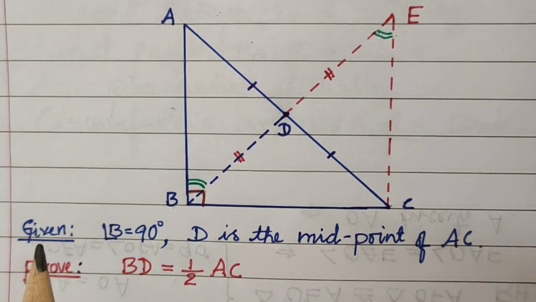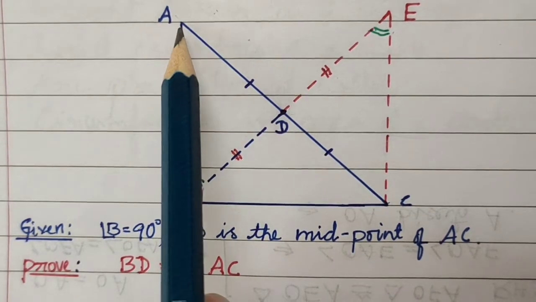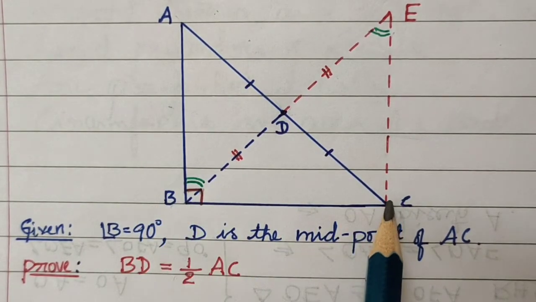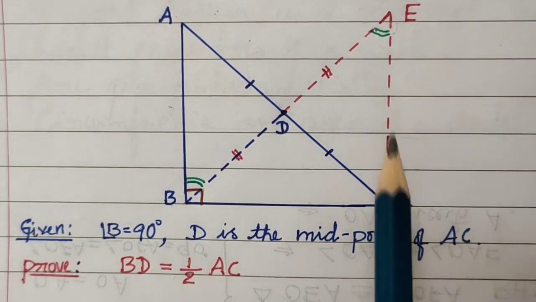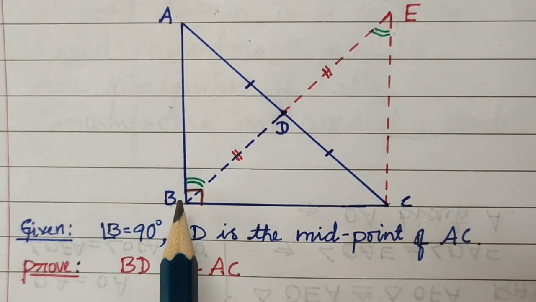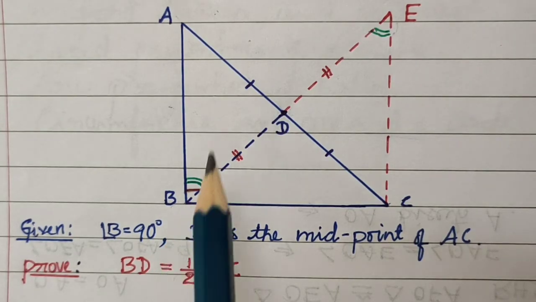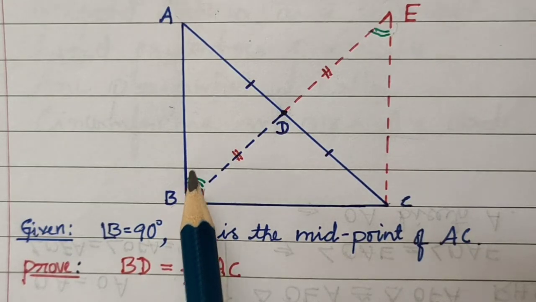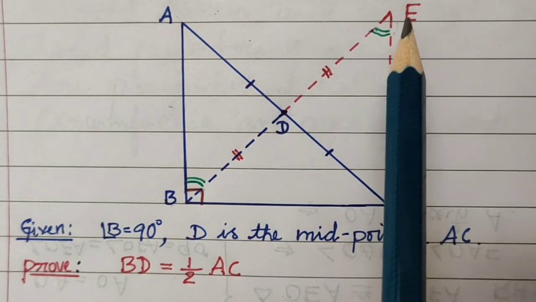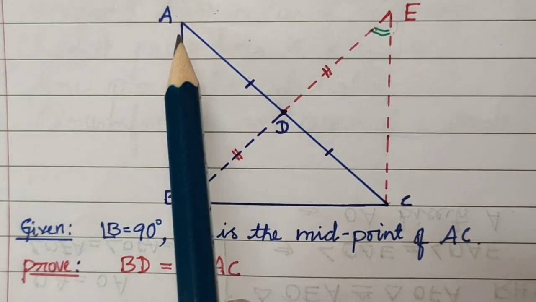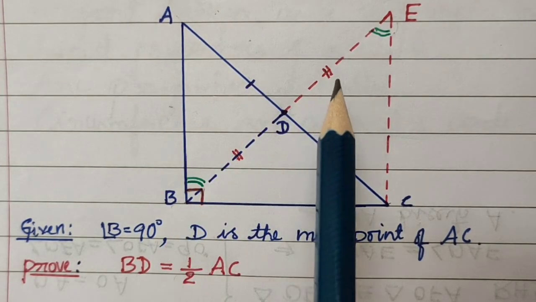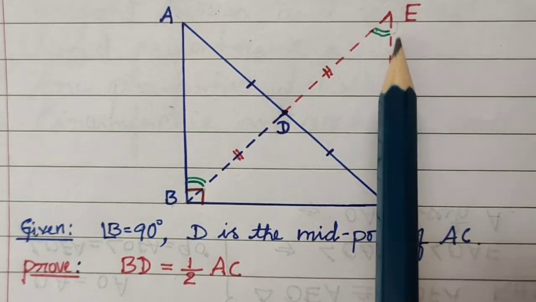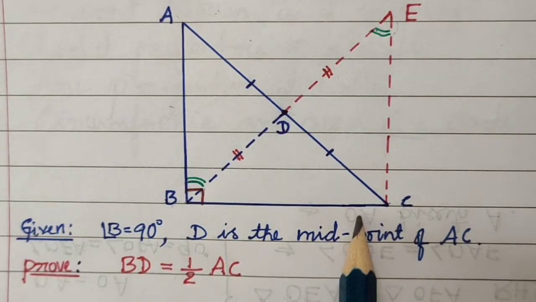Then we have to prove triangle ABC is congruent to ECB. So first we have to prove triangle ADB is congruent to CDE. Then we have to prove AB is parallel to EC and ECB is equal to 90 degrees.